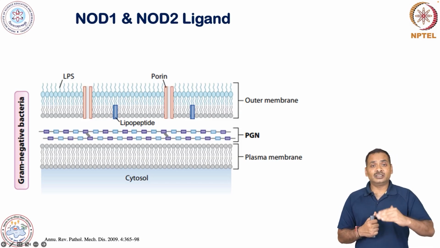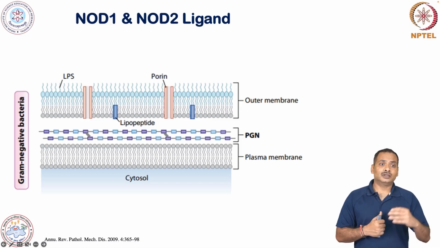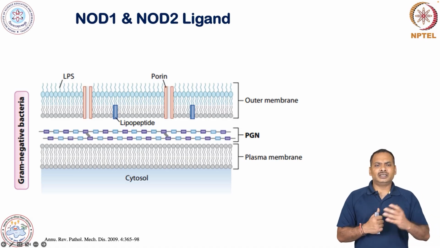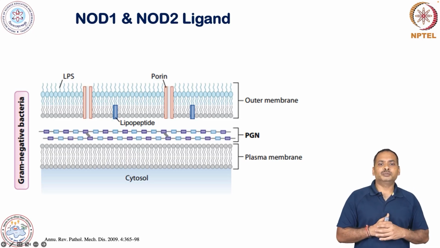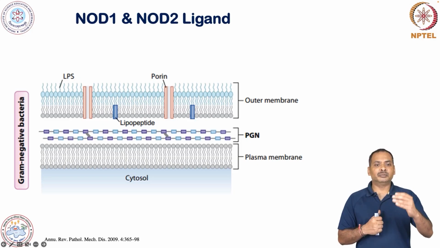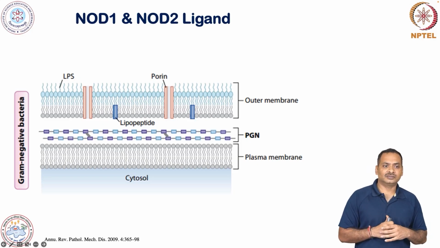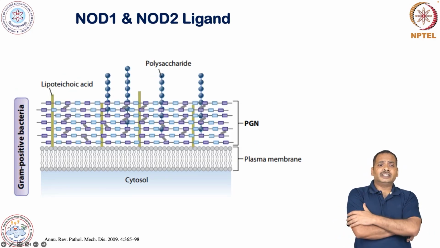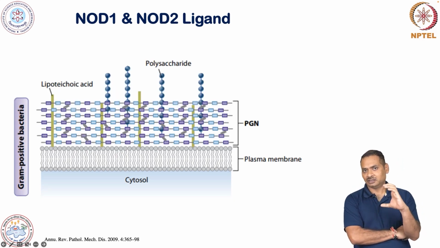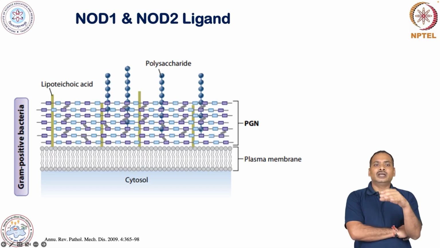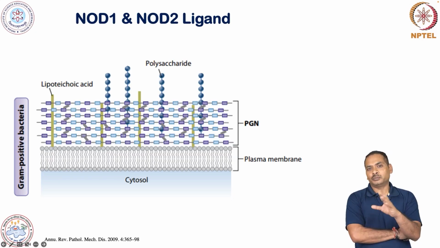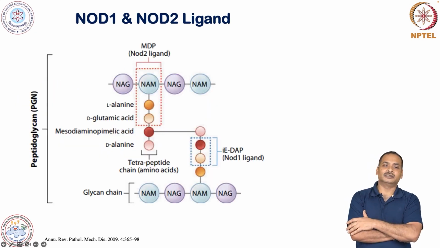There is an outer membrane which contains LPS, along with porin and lipopeptide, and there is a peptidoglycan, and then the plasma membrane. In gram-positive bacteria, there is a very thick peptidoglycan layer which makes the cell wall, with some projections of polysaccharide, and below the peptidoglycan there is a cell membrane.